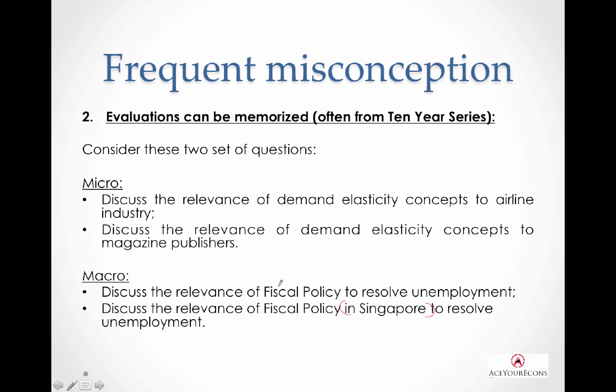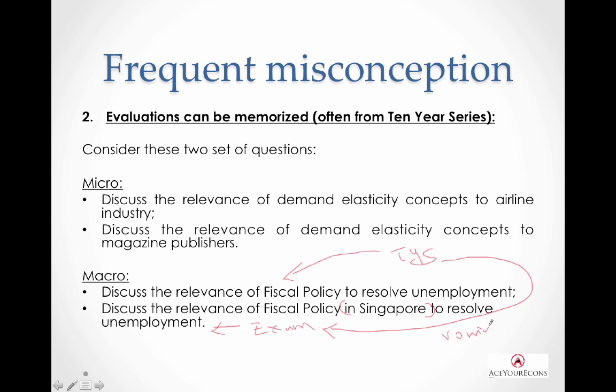So in this case, if you go to Popular, you buy a TYS that has this question and you memorize it, and when the exam comes out with this question, you might be thinking, yes, I've struck gold already. The two questions are almost the same. Think twice.